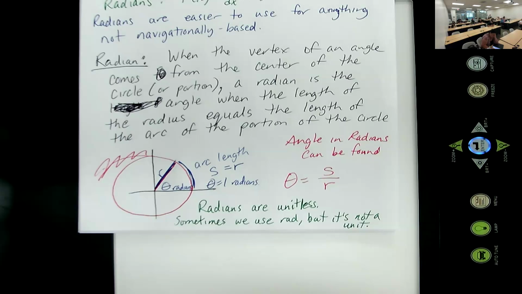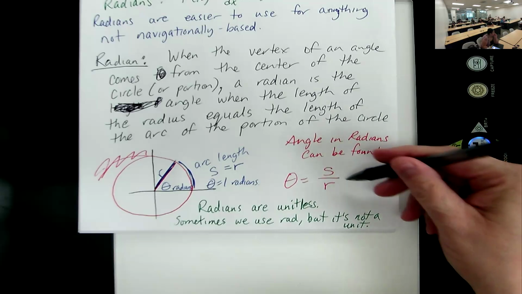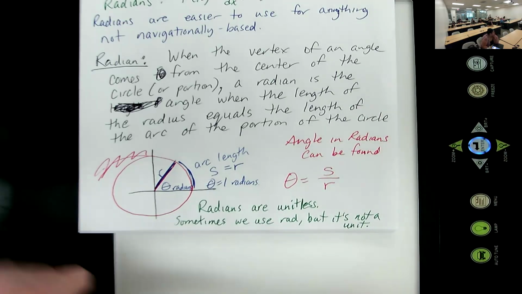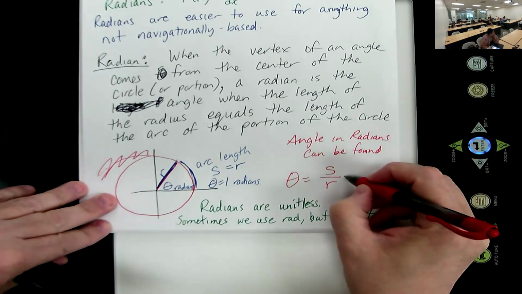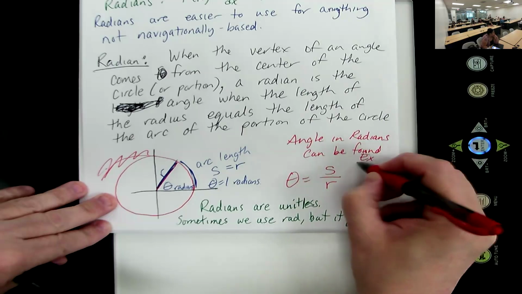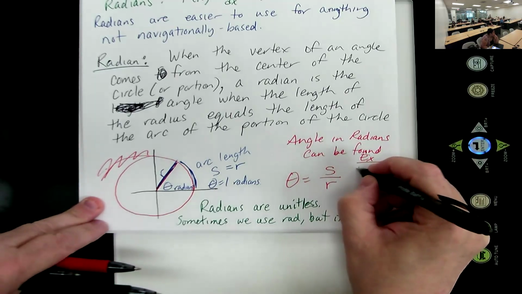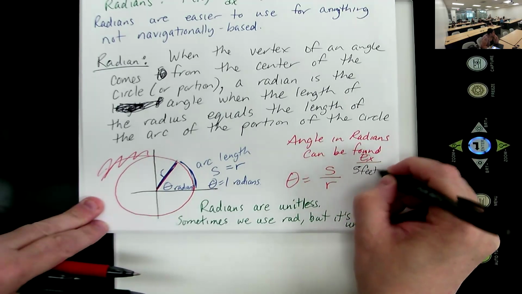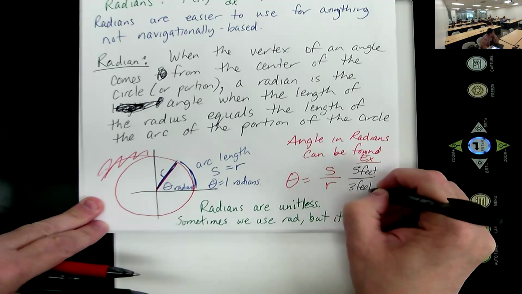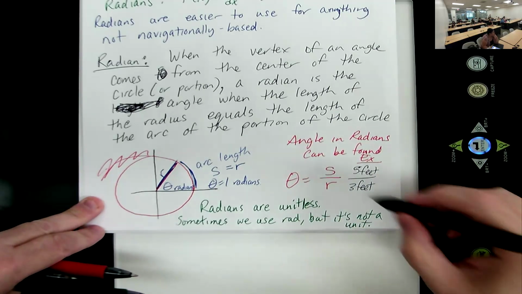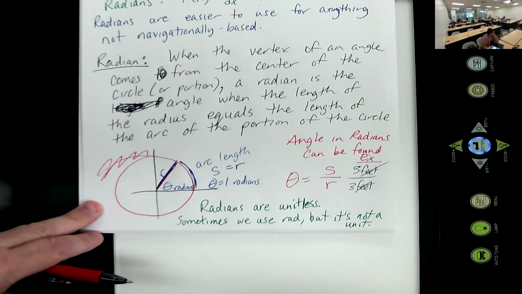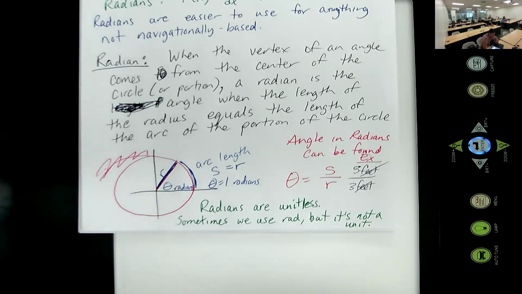You can see that it's unitless if we look at this equation. For example, if I had 5 feet over 3 feet, because they're both lengths, the feet cancel out and there are no units left. So you can see that it's just a number.